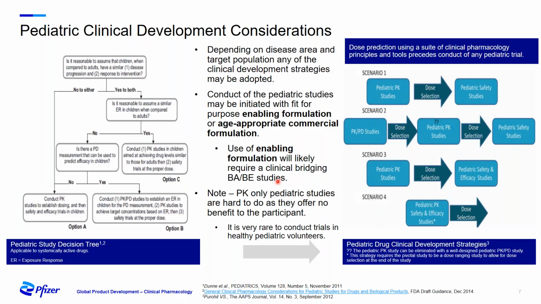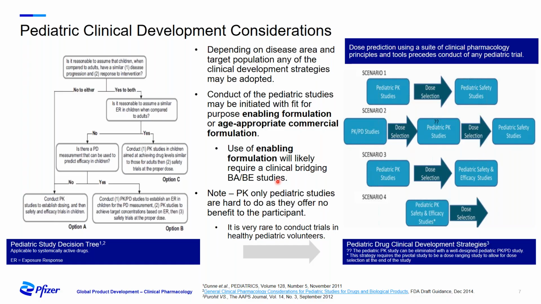So the decision tree poses two fundamental questions with respect to the target pediatric population. Is the disease progression similar in children relative to adults? And do children respond similarly to adults to the drug intervention?